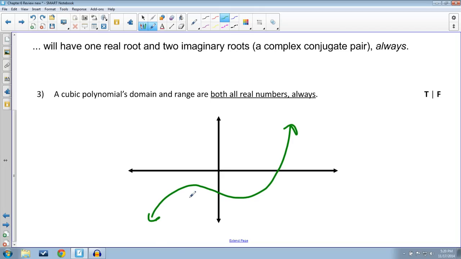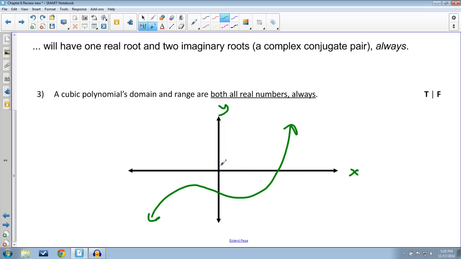Point is, what always happens, no matter what, in the x direction for your domain, can it go from negative infinity to positive infinity and always get a y value? Uh-huh. In fact, all of these polynomials are normally considered functions, so you should assume that that's going to happen anyway. Yes, its domain, all real numbers.